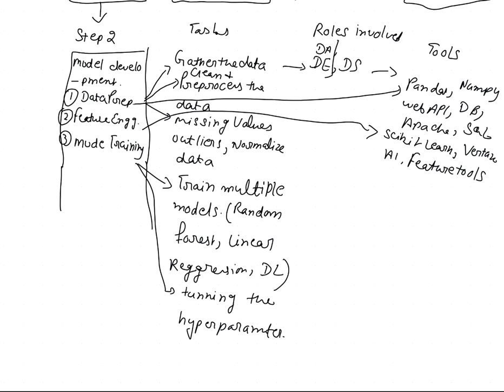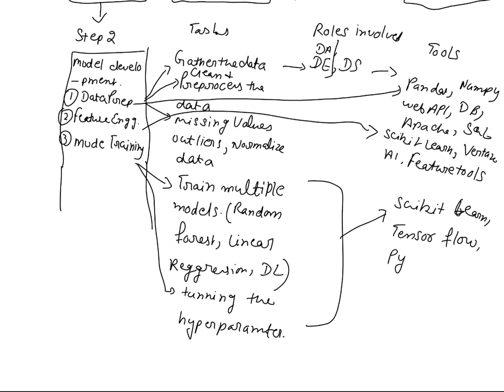And for this, the common tools you are going to use are scikit-learn, again your machine learning model library, very important, and TensorFlow, this is from deep learning, and maybe PyTorch too, right? So these are the very common tools you are going to use for model training. Okay. So this is model training.